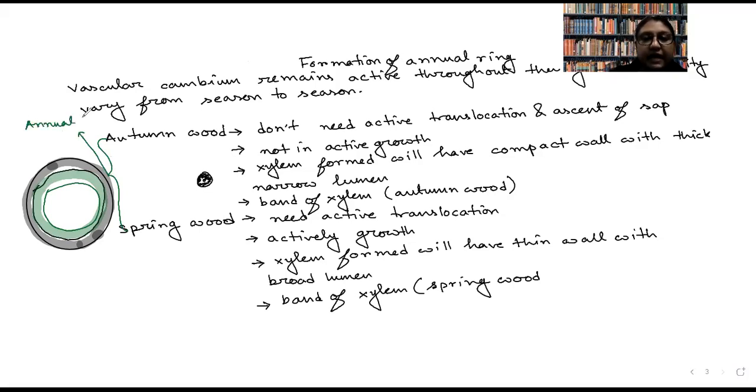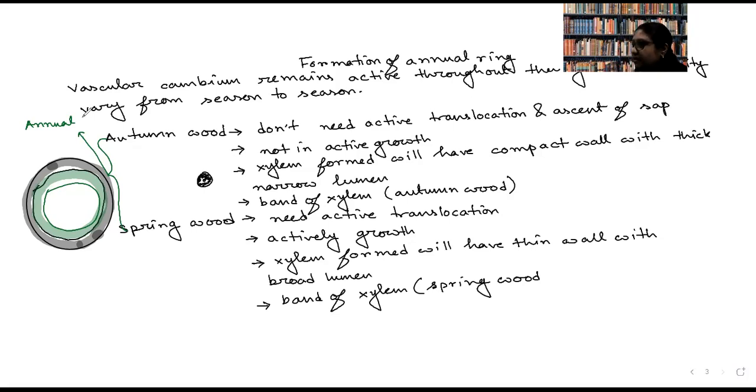So if in a plant there are 20 rings, that means what will be its age? 10 years. Correct, because one autumn wood and one spring wood together make 1 year. So out of these 20 rings, 10 rings will be of autumn wood and 10 rings will be of spring wood. 10 rings will have more density, dark area, in which cells will have narrow lumen and a very thick cell wall.